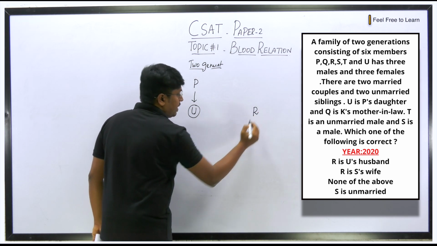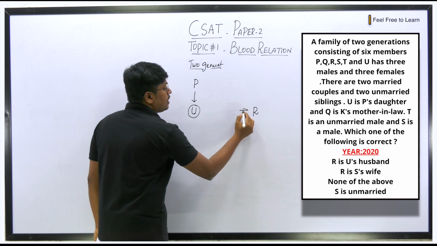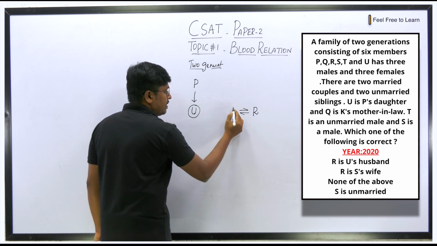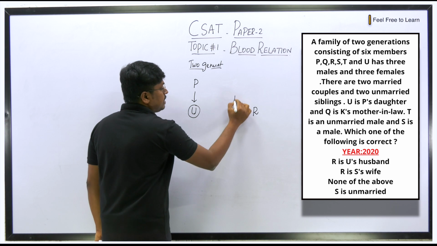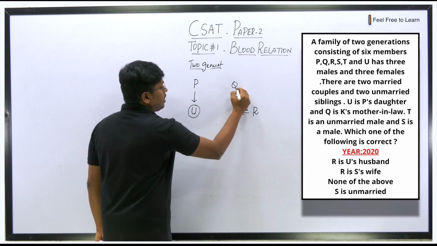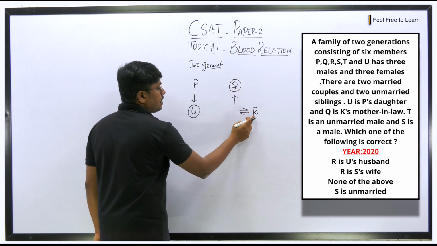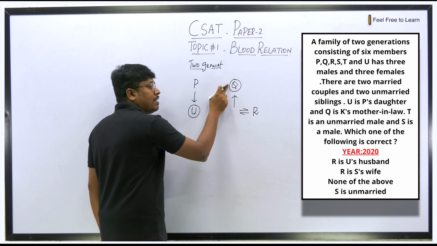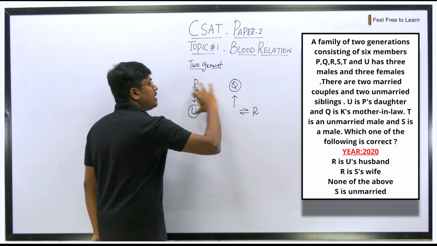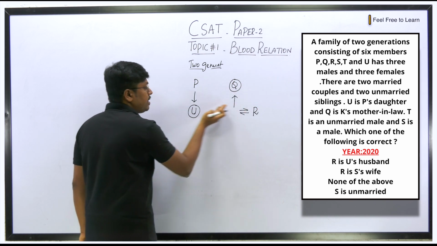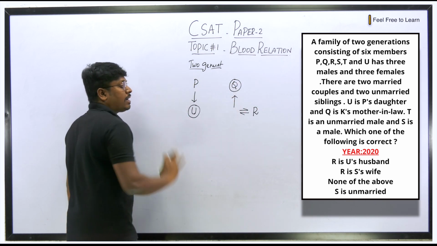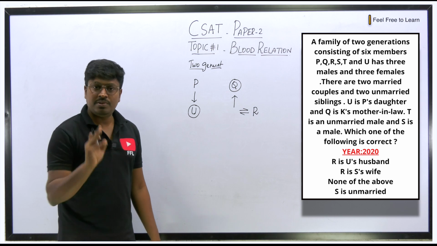Definitely R should be placed here. Only then we can say R is married to some person, we don't know who it is, but this person's mother will be Q. Only then R's mother-in-law is Q, and both of these are 2 generations. This will be the first generation and this will be the second generation.